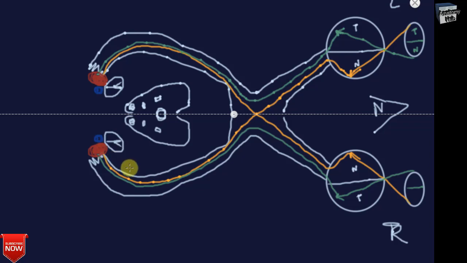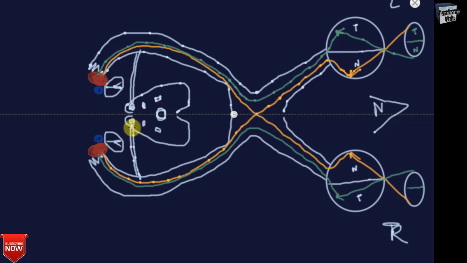So on the way to the geniculate body, some of the fibers will not travel towards the geniculate body, they will just go towards the superior colliculus through the superior brachium.